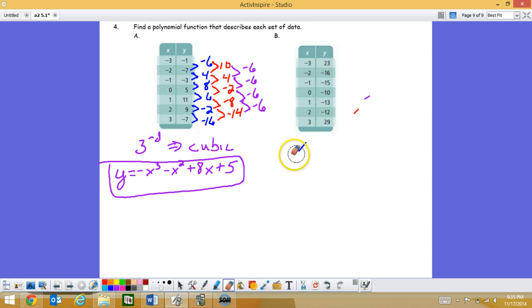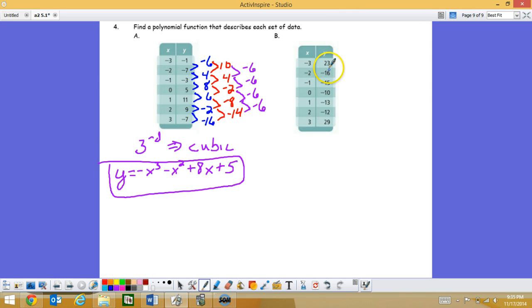Now, similarly, in the second set, again, we need to determine what regression we're going to run, doing that by determining what set of differences ends up being constant.